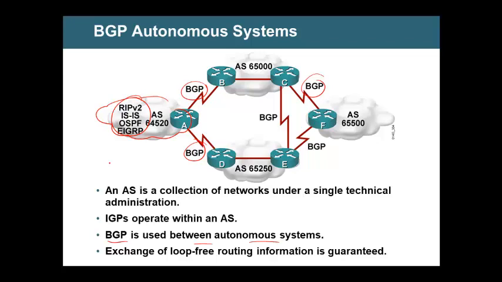So every routing protocol has some sort of loop prevention mechanism. See, the internet is a web, isn't it?